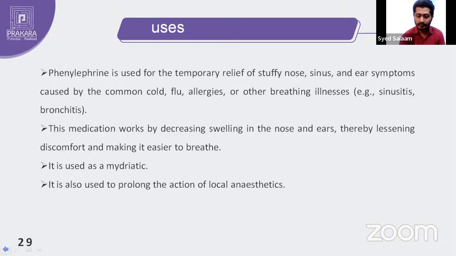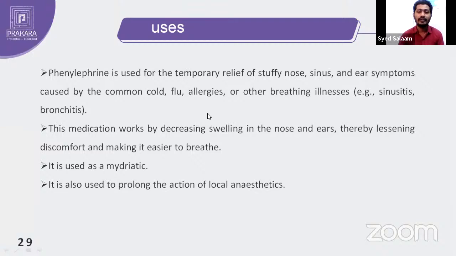Sometimes these mydriatics are used at the time of eye surgery. At that time, you need to increase the size of the pupil so that the surgery can be successful. For that, it is used as a mydriatic. So it has multiple uses.